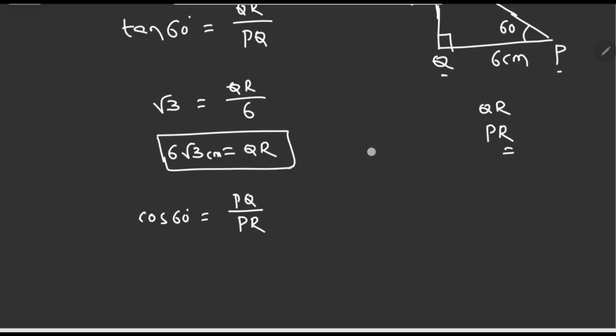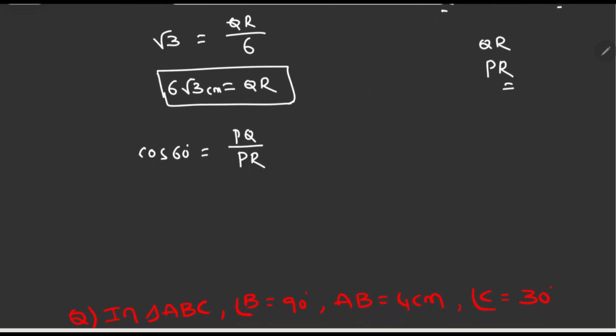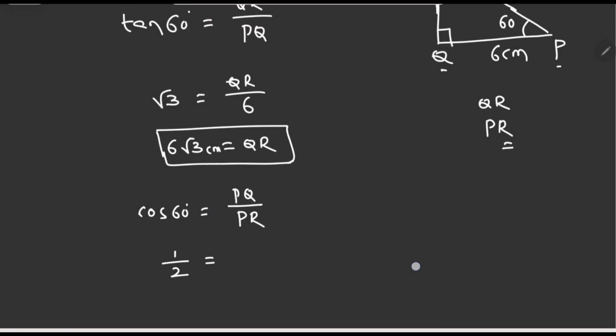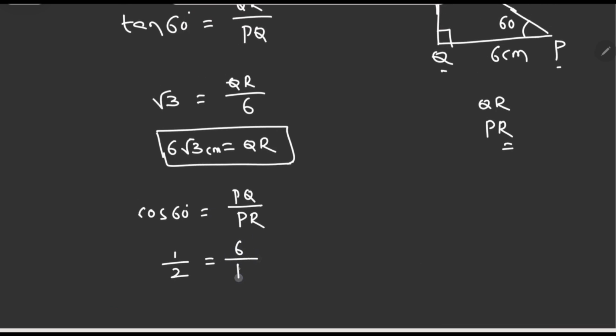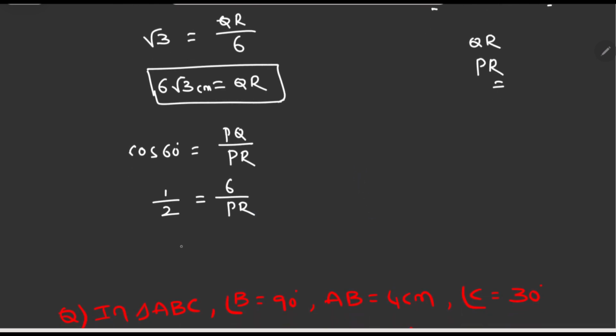Now what is the cos 60 value there? 1 by 2. So 1 by 2 is equal to PQ, what is the PQ? 6, by PR. We don't know PR, the hypotenuse. So on cross multiplication, PR is equal to 2 into 6, 12 centimeter.